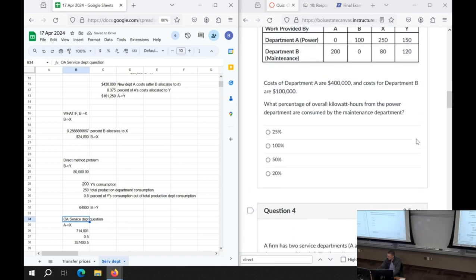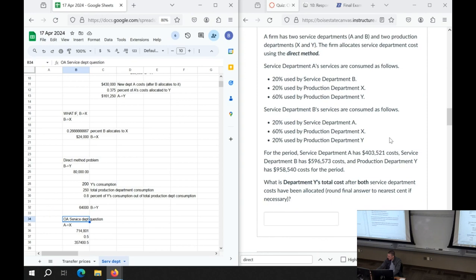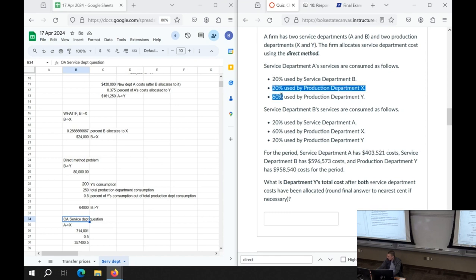All right. Is this one any more complex? Maybe a little bit. We did this kind of problem before. It's asking for department-wide total cost, which is going to be its initial costs plus whatever A is allocating to it, and whatever B is allocating to it. A is going to be allocating, looks like to Y, 60 over 80.